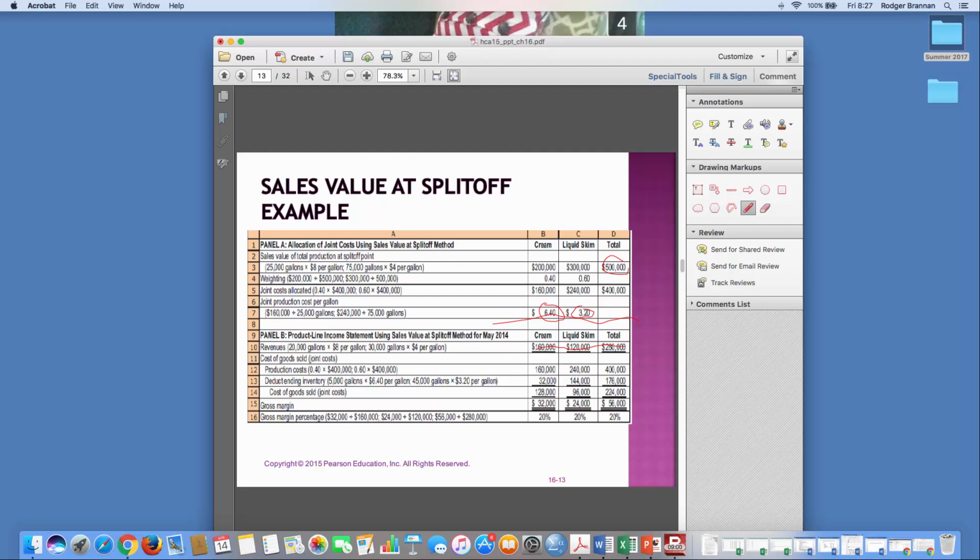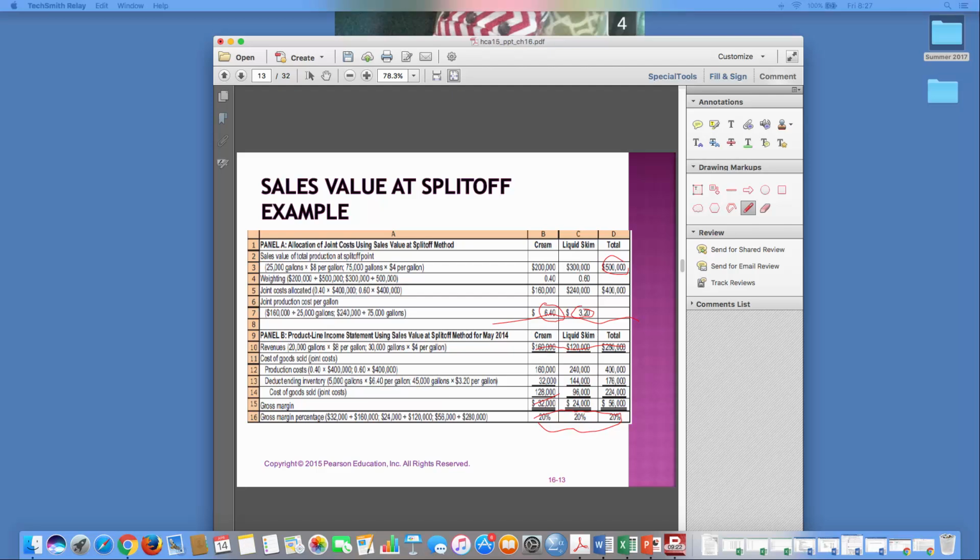Therefore, cost of goods sold is 128,000. And so my gross margin here is 32,000. Do the same thing over here for liquid skim. Calculate the gross margin of 24,000. Now, in this case, it's strictly accidental that both of the products have the same gross margin. That was not the intent.